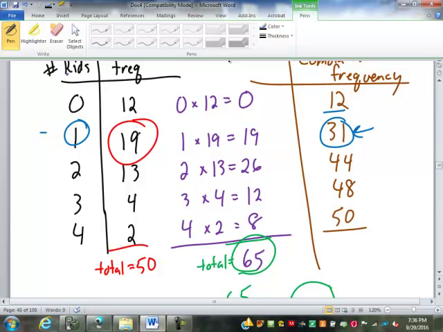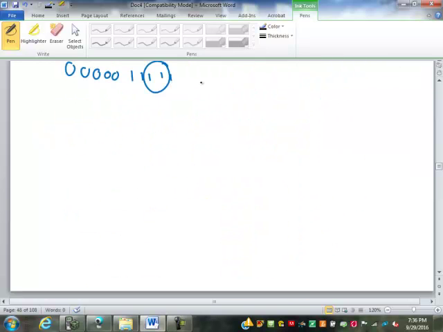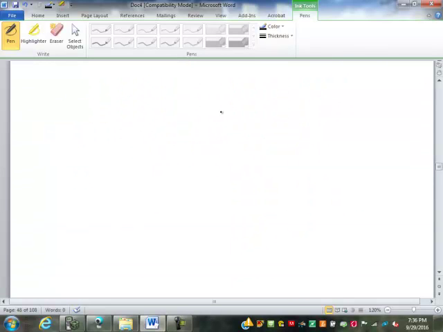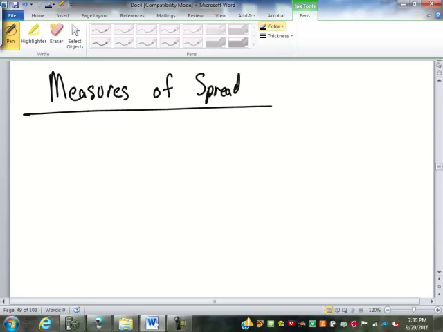So what I want to look at now is measures of spread. Remember, that's talking about how wide that curve is.